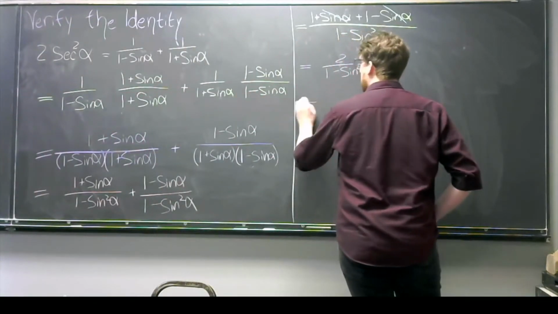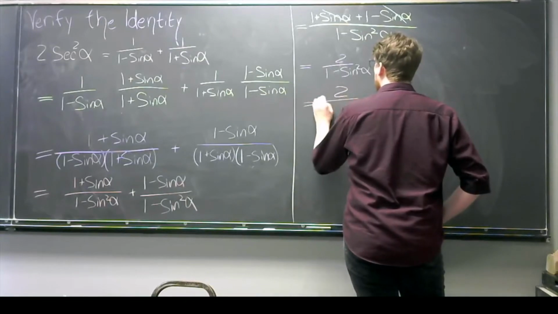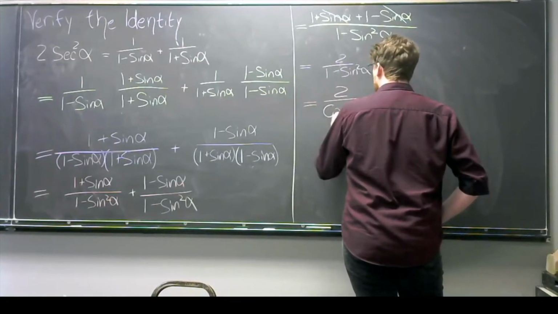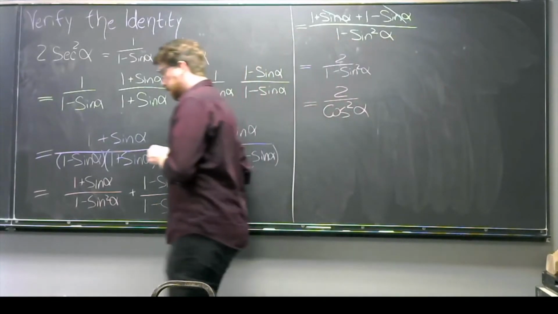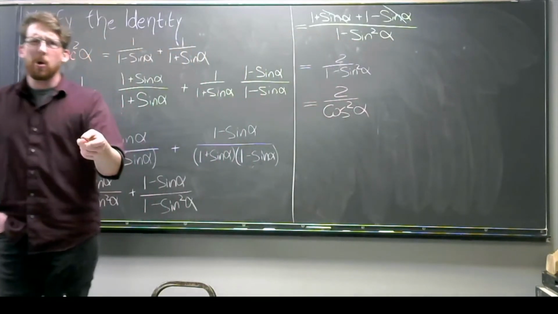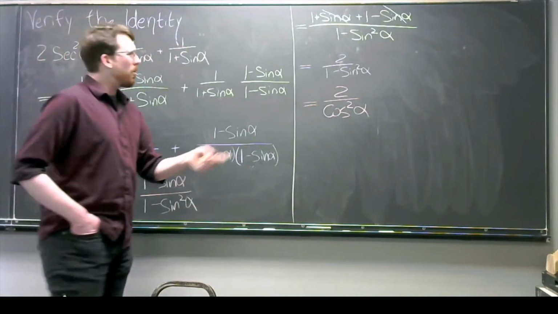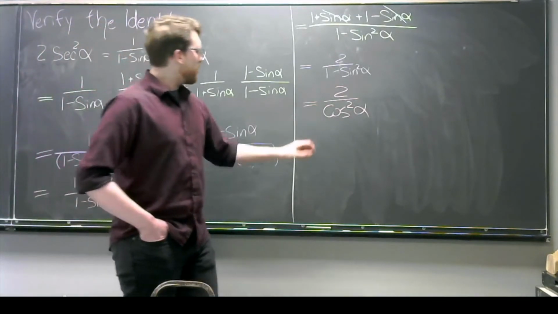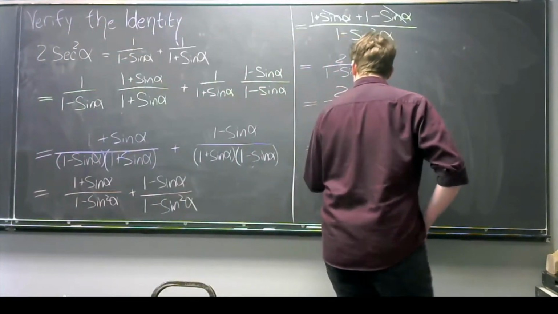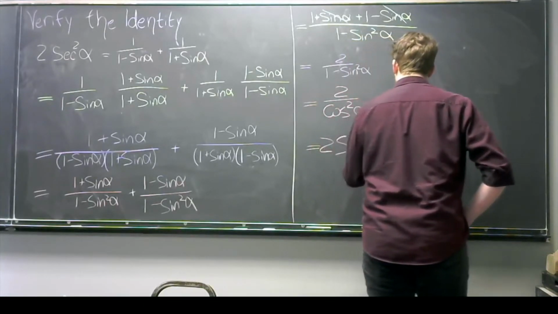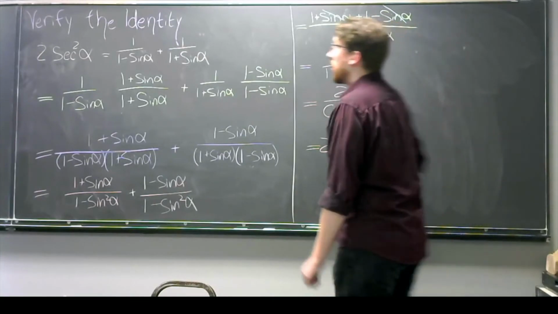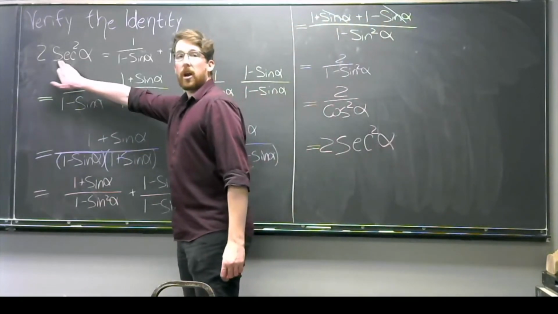So really what we've got is 2 over cosine squared of alpha. But 1 over cosine, well, that's secant. So really this is 2 times secant squared of alpha, which is what we were trying to prove.